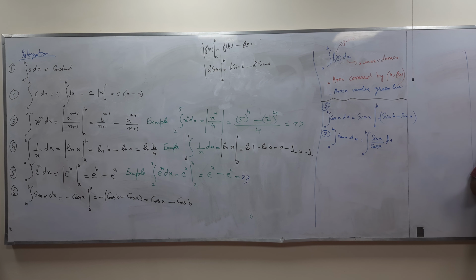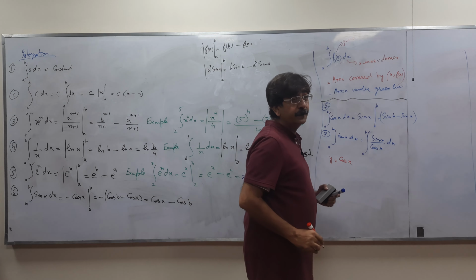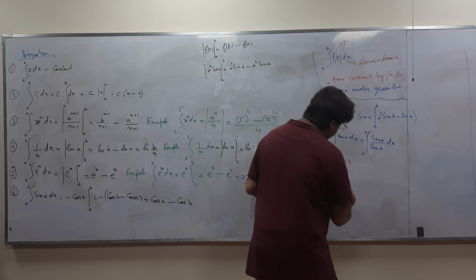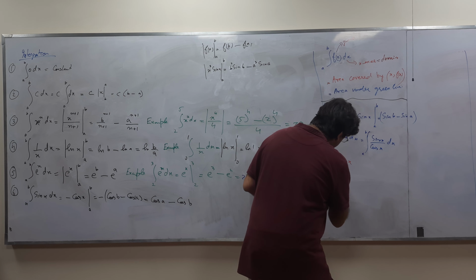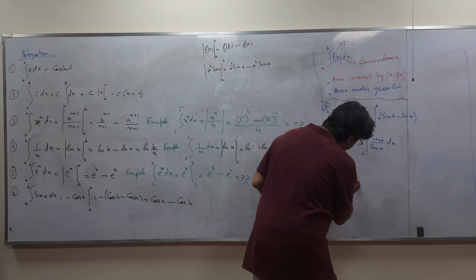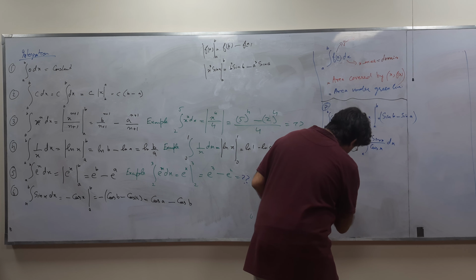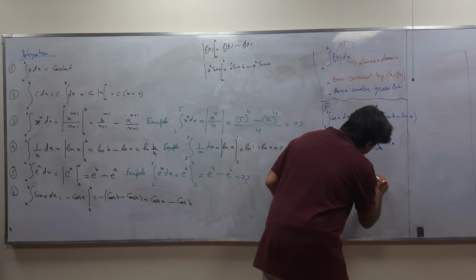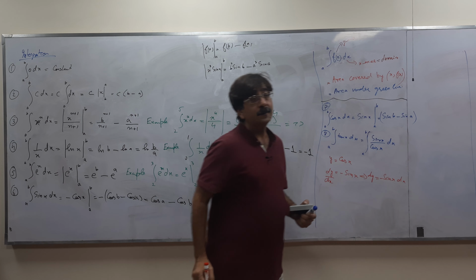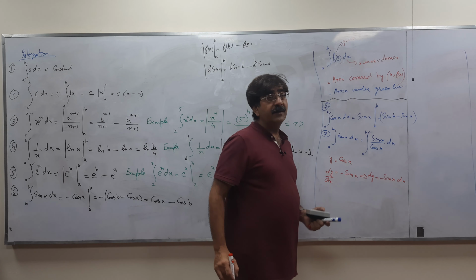Let y equal cos x. dy over dx will be equal to minus sin x, which implies dy equals minus sin x dx. The derivative of cos is minus sin.